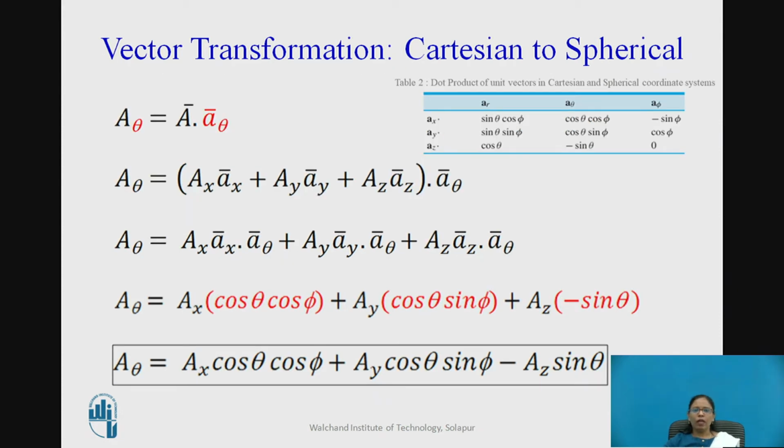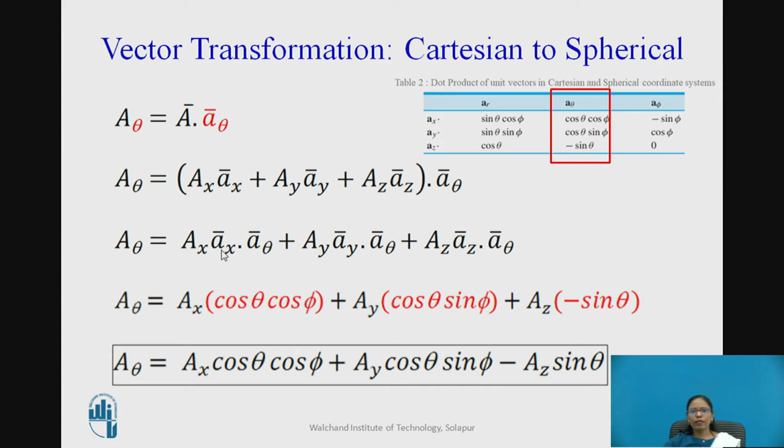In the same way, I want to find out the magnitude along the theta direction. So A theta is A bar dot a theta. A bar is the given vector in Cartesian, dot a theta. Again, to find the dot products ax dot a theta, ay dot a theta and az dot a theta, I follow table 2.